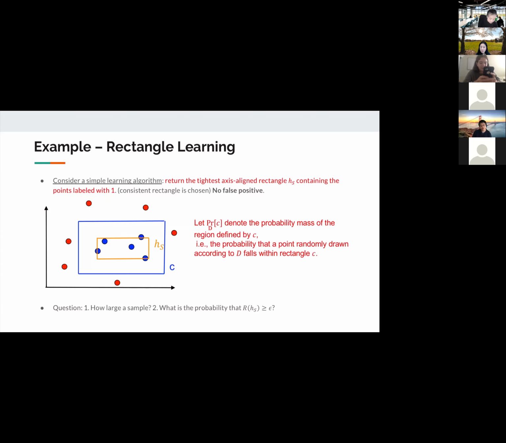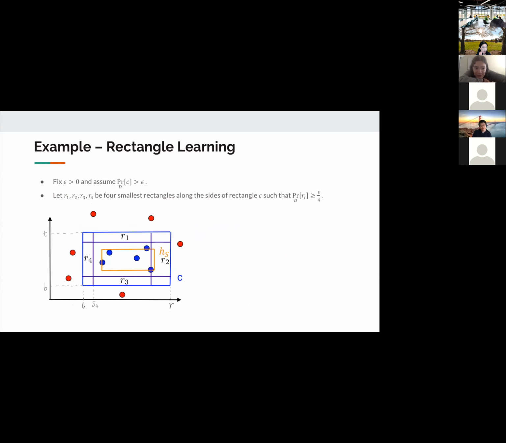You draw from the density function, you get a random variable whose realization is within the support, and in this scenario within C, the blue rectangle. Basically, it's just saying the probability of drawing a point which would end up in the rectangle is smaller than epsilon. It's very simple. Don't overthink it.